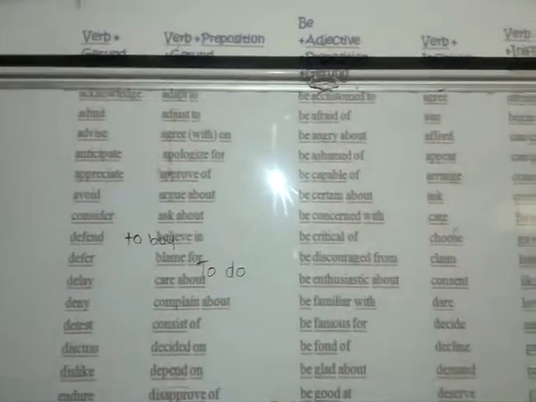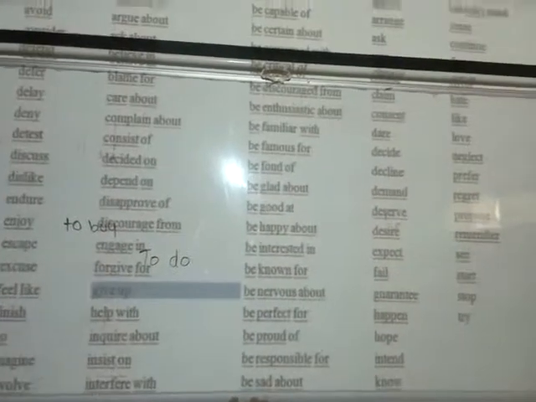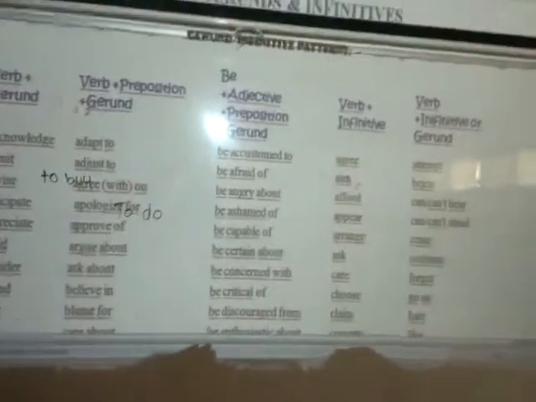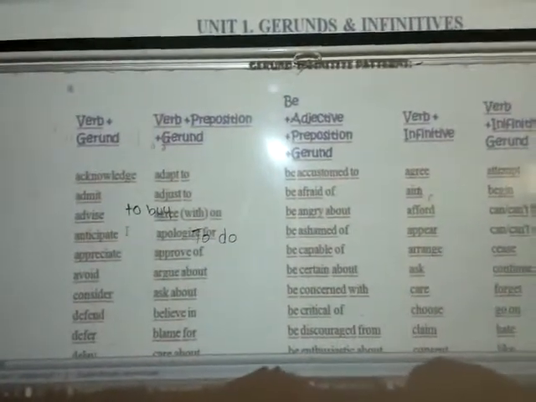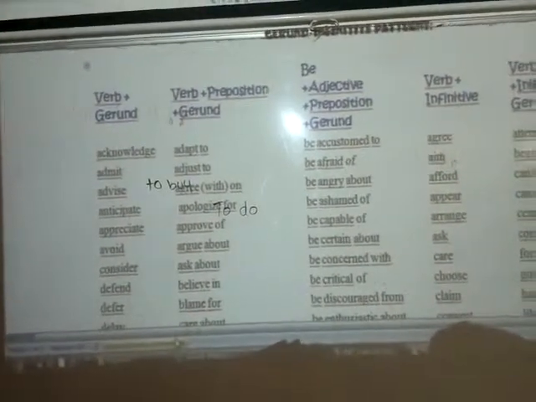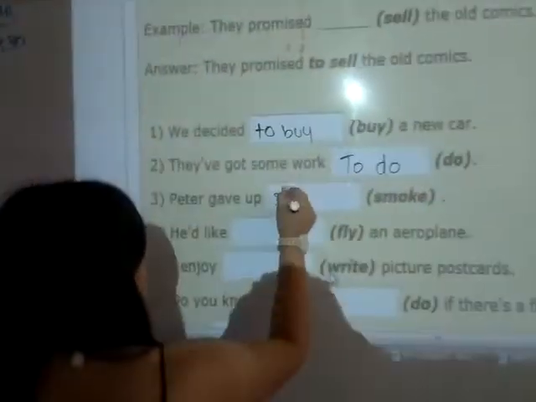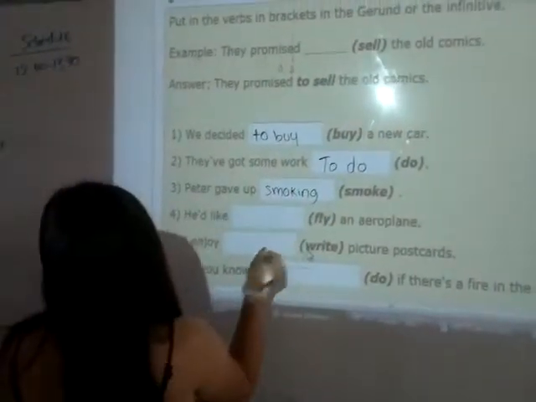So you can use what? Verb plus preposition plus gerund. So give up has a preposition, so it's give up plus gerund. Very good. So you use the ing. Peter gave up the gerund form of smoke. Smoking. Thank you.